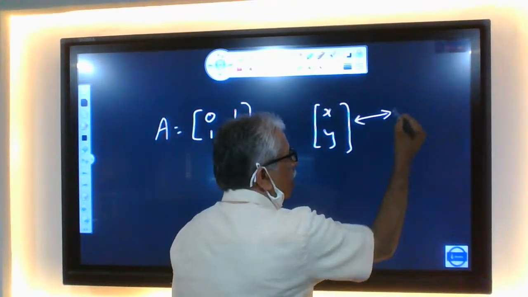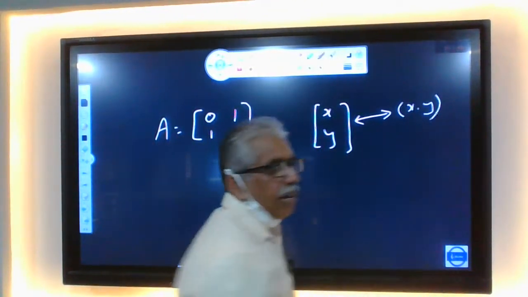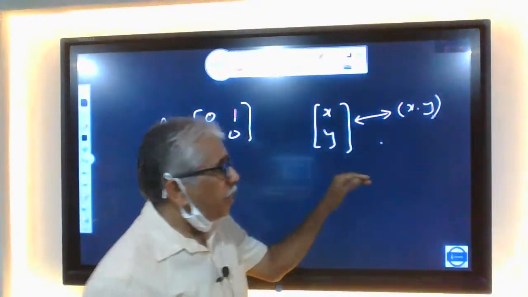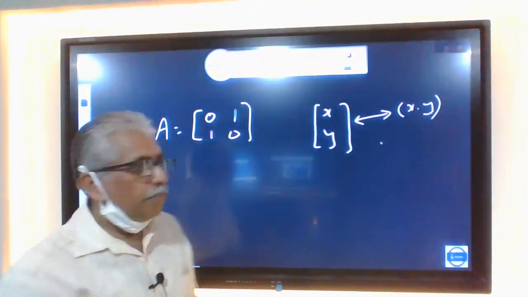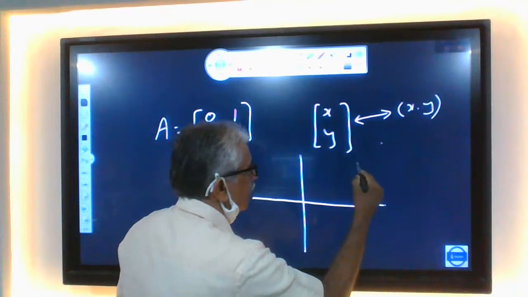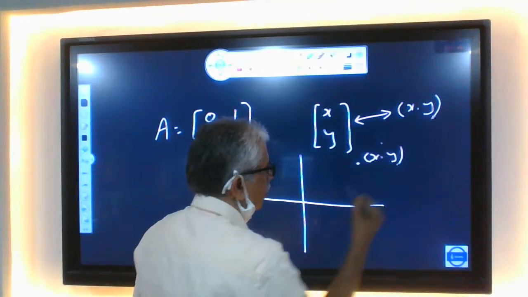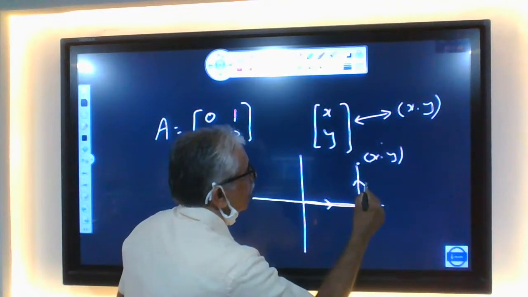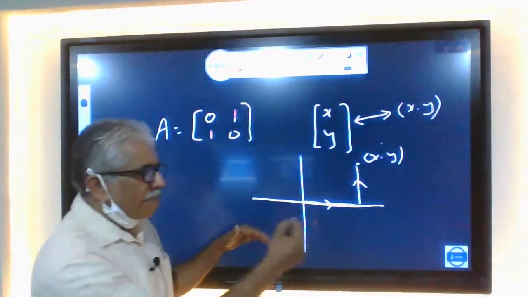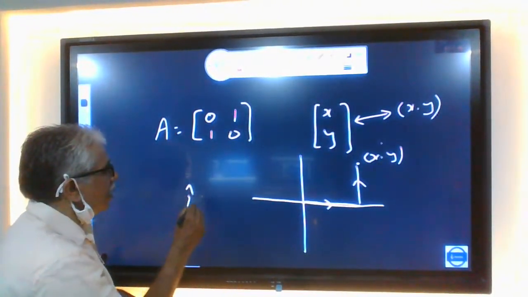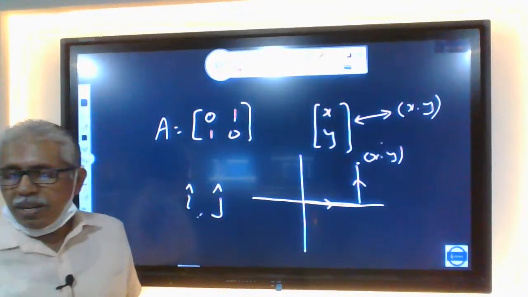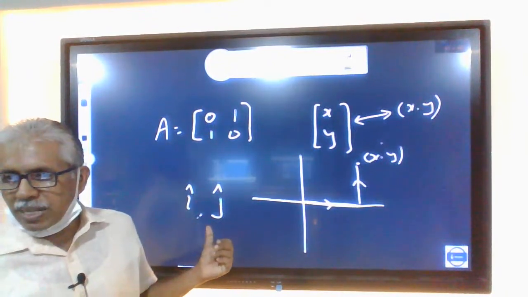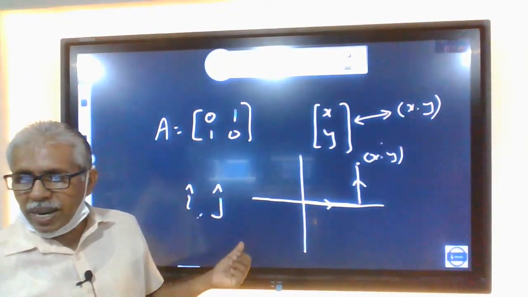represents the point xy on the real plane. And this point you can imagine to be the vector sum of these two. So you have the unit vectors i and j on the real plane, unit vector i along the positive x-axis, unit vector j along the positive y-axis.